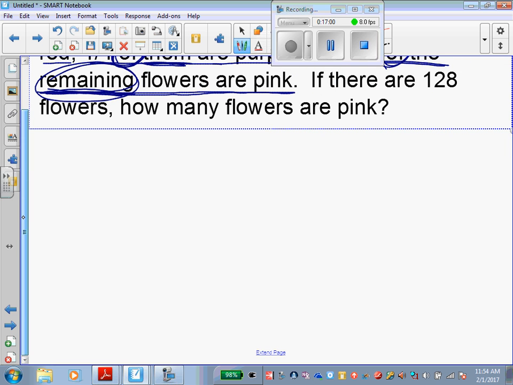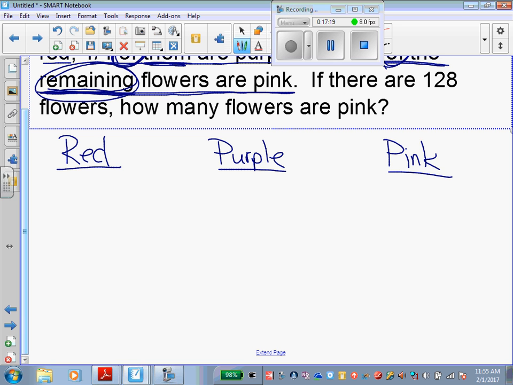So when we start solving it, we are going to make sure that we have an area on our paper where we are organized. We have red, we have purple, and we have pink. So I've got 3 categories here.